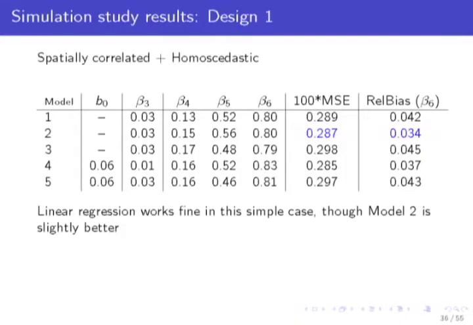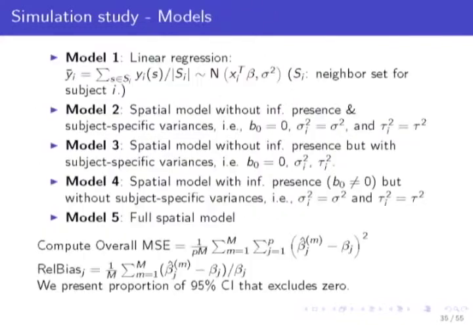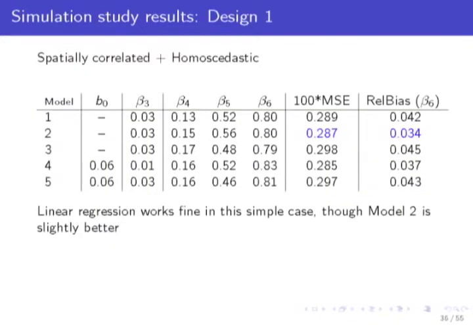As you can see, this corresponds to model 2 here, because this is design 1, spatial and homoscedastic. You can see that linear regression works fine in this case, so you do not have to worry about so many things. Even with rho equal to 0.9, simple linear regression is pretty strong. It's working very well here, but model 2 is slightly better than that.